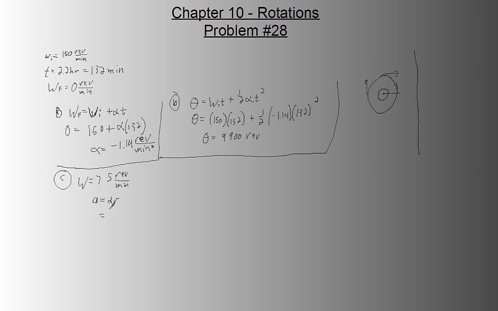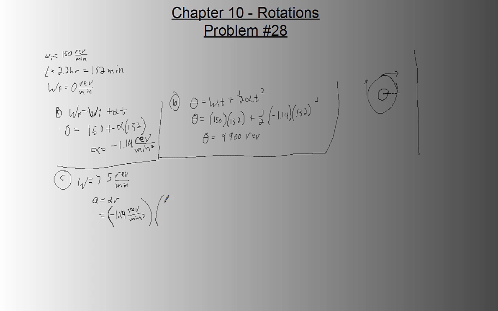This is going to equal negative 1.14 revs per minute squared. And we want linear acceleration. That has to be in meters per second squared. At least that's what the book wants. So we're going to convert this to radians and then to seconds.